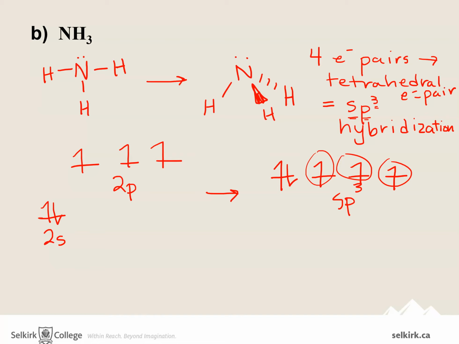Now, all this is background thinking. The question part of the question, if you look back a couple of slides, is to draw the molecule showing the orbitals overlapping. So let's really answer the question. So for ammonia, let's put together our hybrid building blocks.